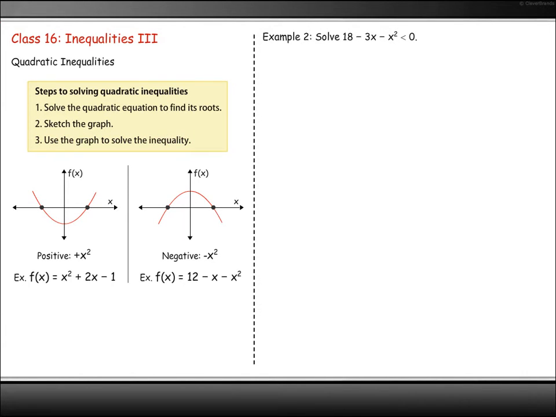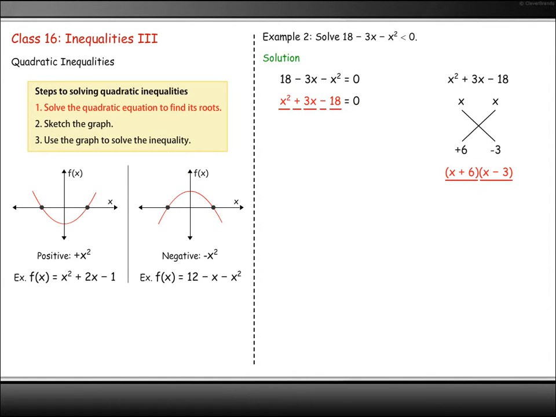Example 2. Solve 18 minus 3x minus x squared is less than 0. Step 1. Solve the quadratic equation to find its roots. Multiply across by minus 1. Factorize the quadratic in the usual way. The factors are x plus 6 times x minus 3.